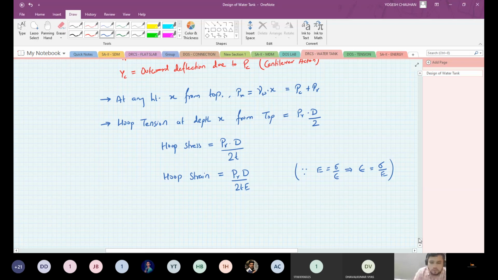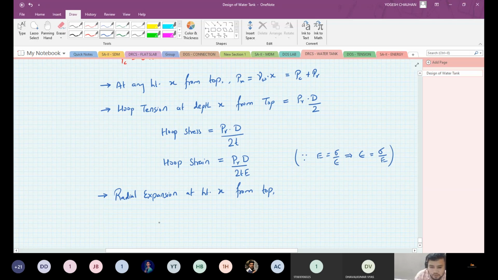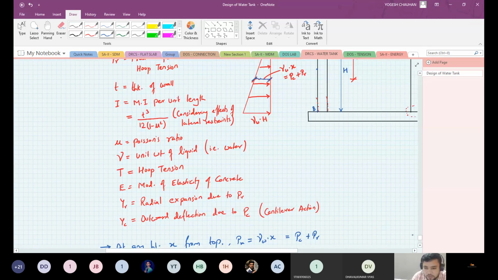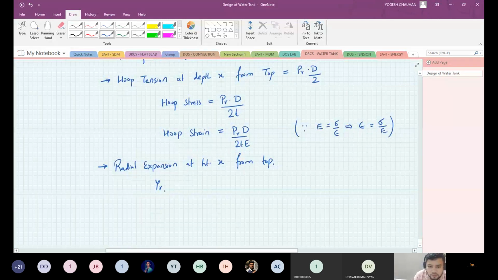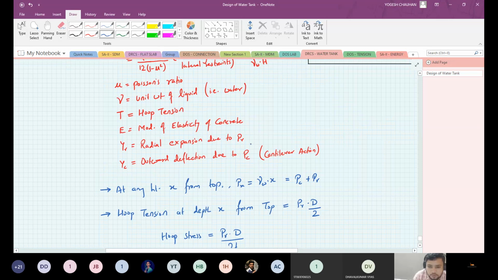Now the radial expansion at height x from top is equal to YR as per our definition, produced by the hoop stress.